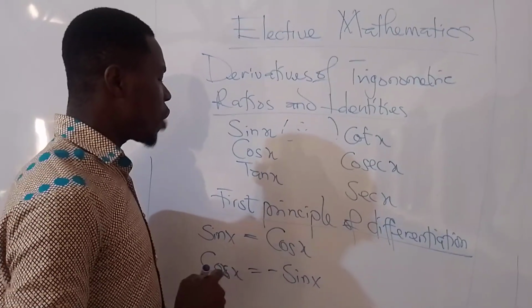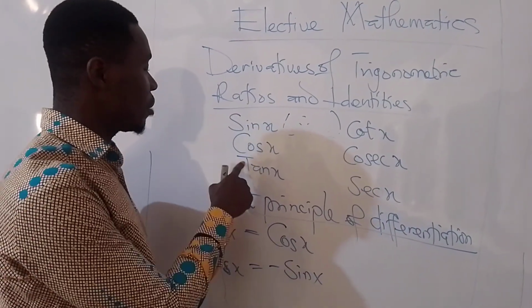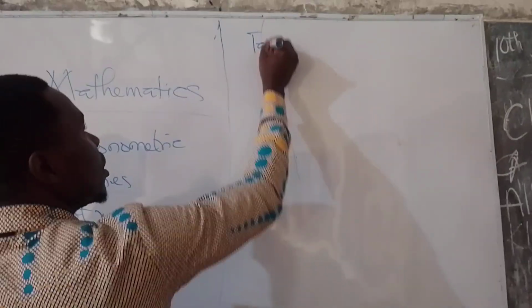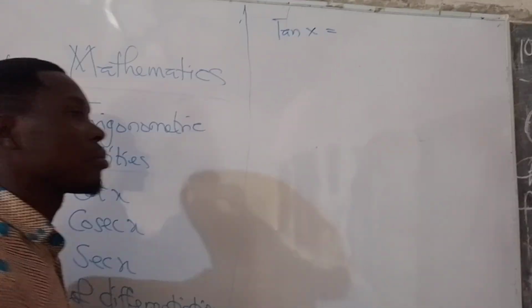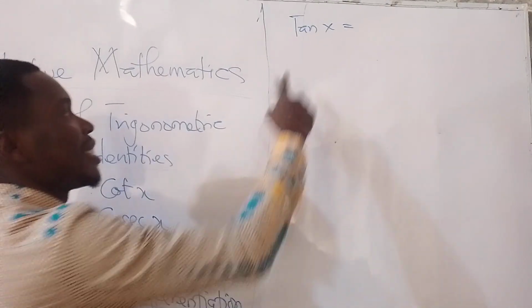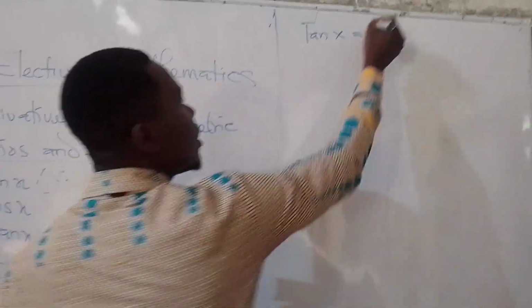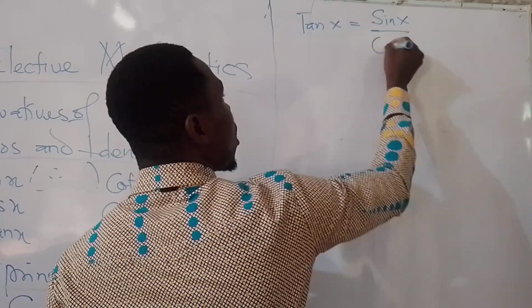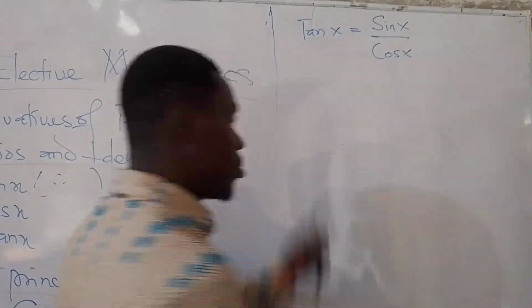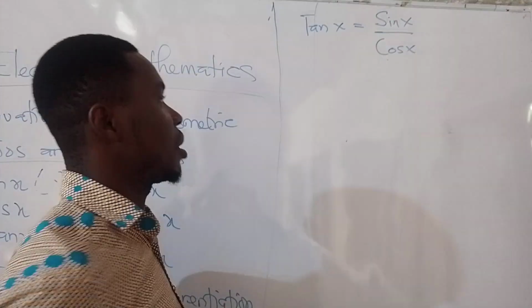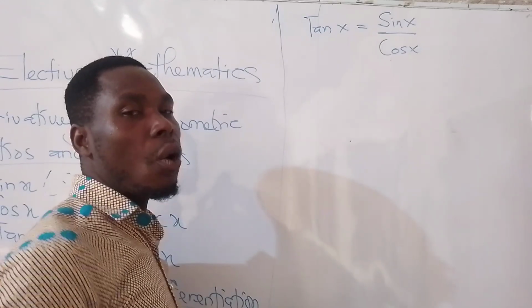So let's move forward by learning how to differentiate tan x. From the Pythagoras theorem or the right angle triangle, we know that tan x is the same as sine x all over cos x. So how can we differentiate this? We use a rule called the quotient rule.